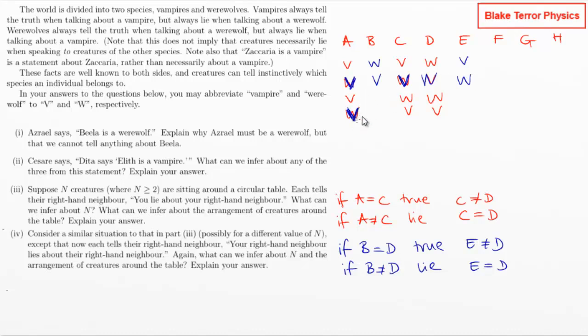So let's make that a V again, and these things are then different to each other. Is that right? So that would be a W. Yep, they're different, which means that would then be a W. So we're saying we've got a W or we've got a V.